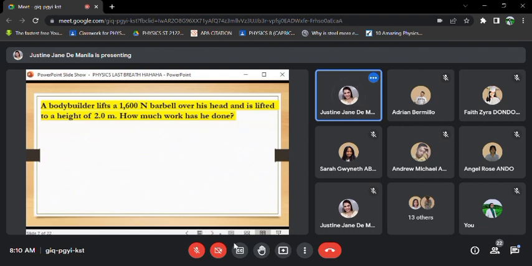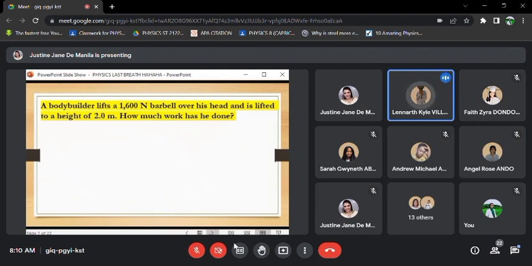Leonard, can you read the problem? A bodybuilder lifts a 1,600 Newton barbell over his head and is lifted to a height of 2.0 m.